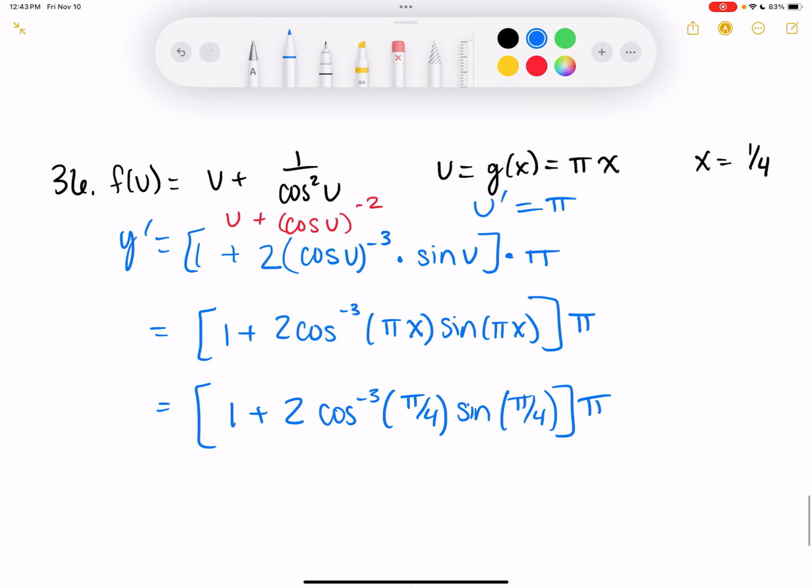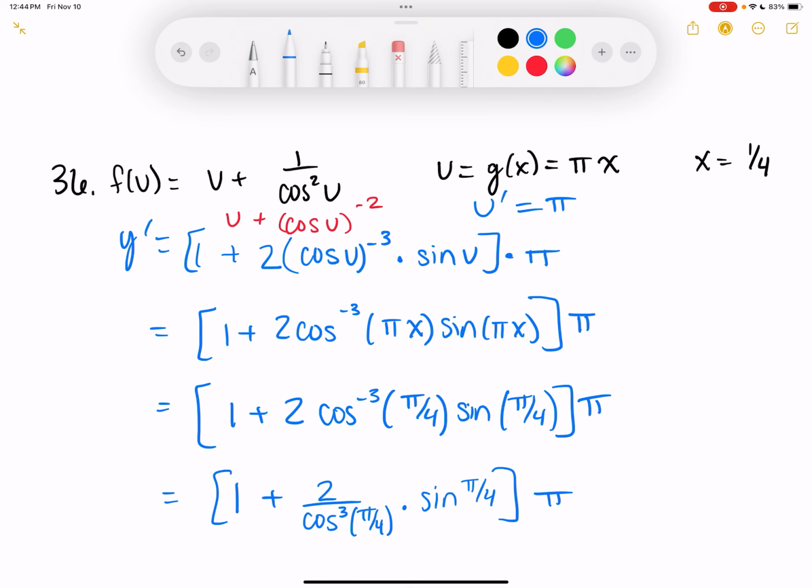I'm going to go ahead and move cosine to the bottom since it's got that negative 3 on there. So this is going to be 1 plus 2 over the cosine cubed of pi over 4 times the sine of pi over 4 all times pi.